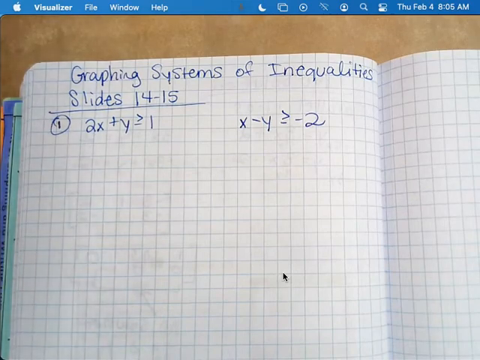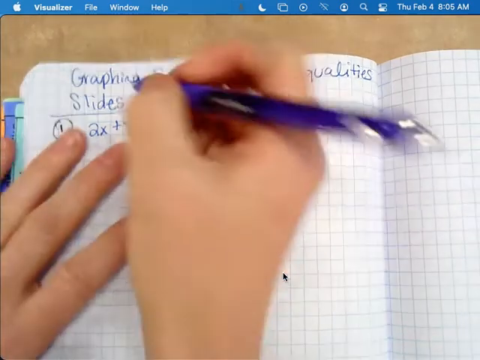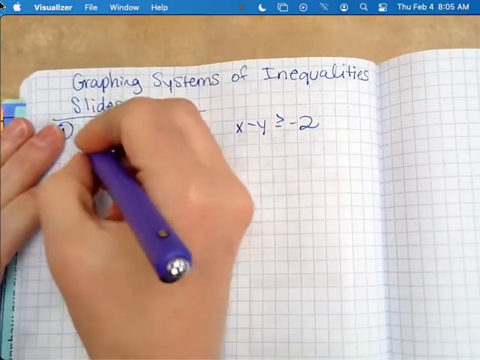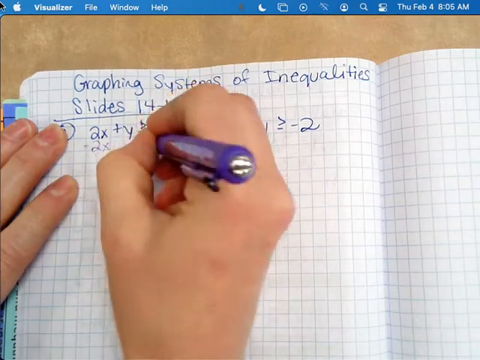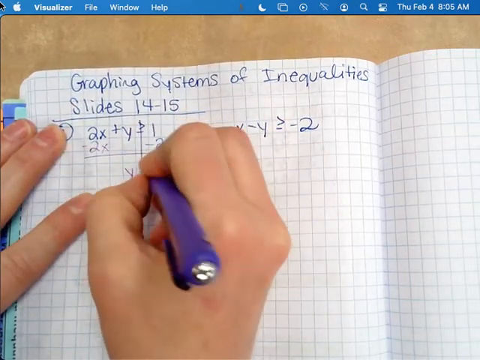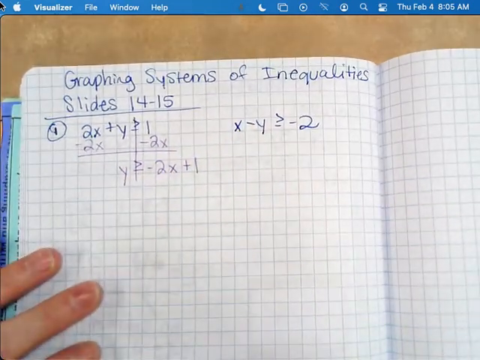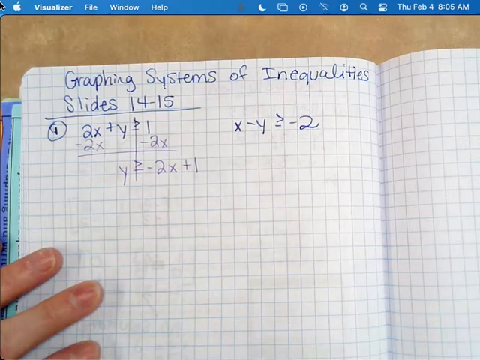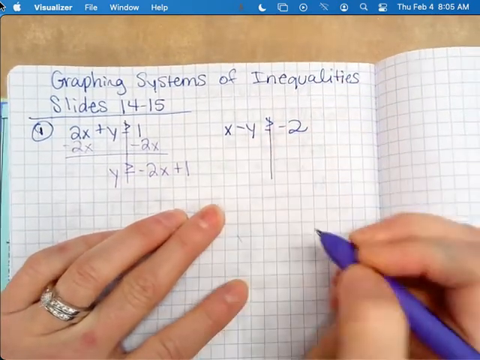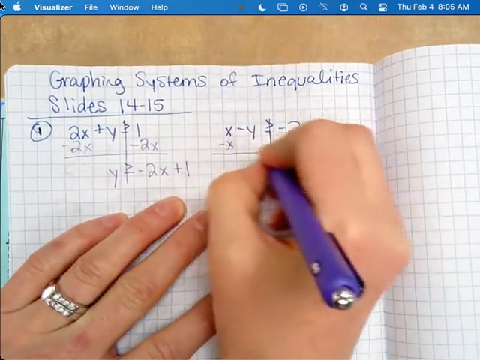So we need to solve each one for y. So do it just like we solve equations. So minus 2x on both sides. Y greater than or equal to negative 2x plus 1. And the other one, subtract x on both sides.